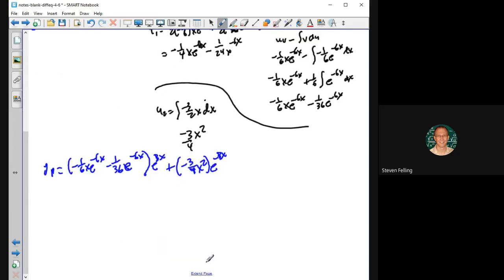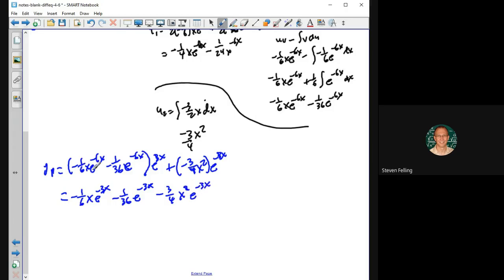If we multiply the e to the 3x in here, I've got a term which is negative 1/6 x times negative 6x plus 3x is a total of e to the negative 3x. Then I've got a minus 1/36, and then this plus this also e to the negative 3x, right? And then here I've got, let's see, minus 3/4 x squared e to the negative 3x.